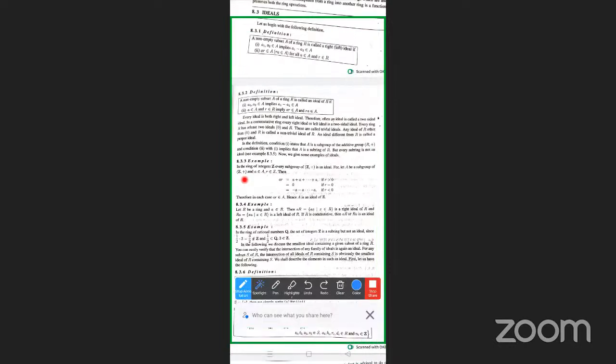The next example. In the ring of integers Z, every subgroup of Z, plus is an ideal. Let capital A be a subgroup of Z, plus, and a belongs to A, r belongs to Z. Then a into r equals a plus a plus up to a, r times, if r is greater than 0.